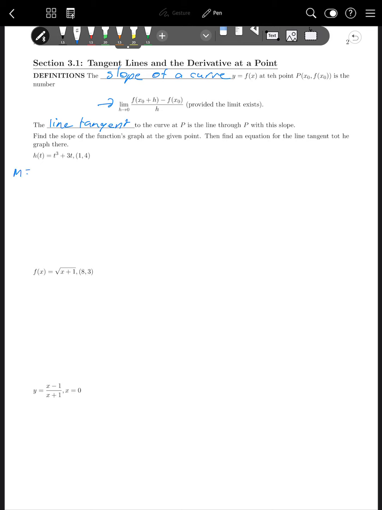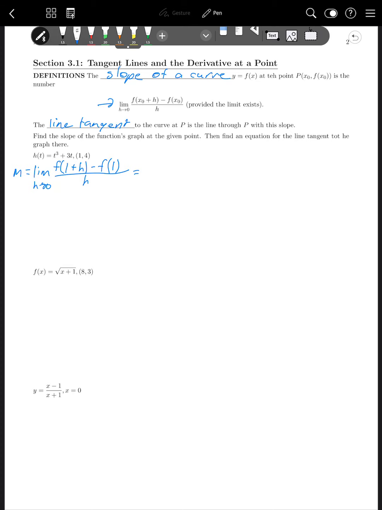So I'm just going to put m equals the limit as h approaches 0 of, in this case, f of 1 plus h minus f of 1 all over h. And now we can plug that information in.